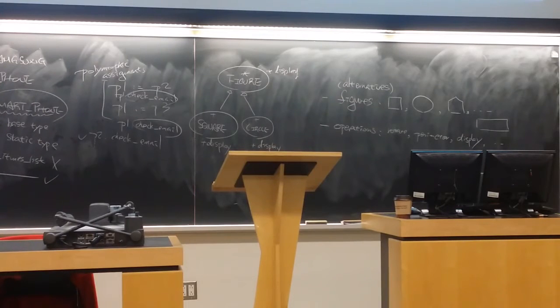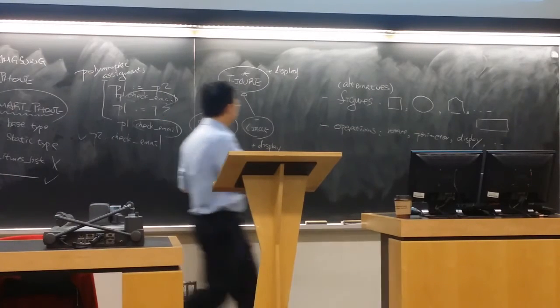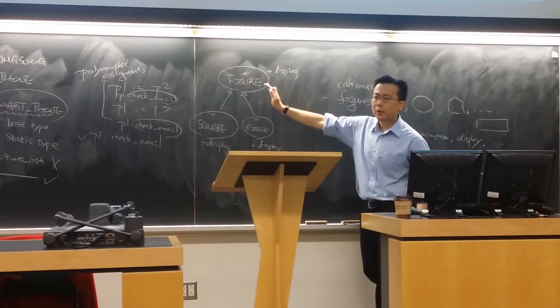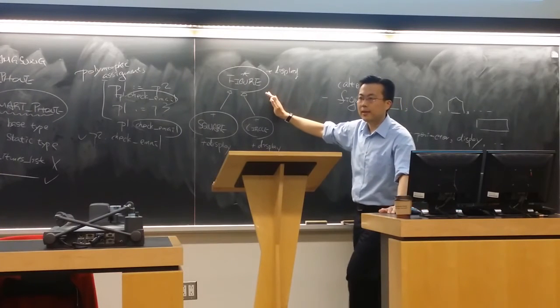Yeah, figure. Yeah. So what will be the change? Okay, let's say I want to add a rectangle. So where should I put the changes? Okay, so you gotta be more specific. So let's say this is our architecture here. So what should I change if I want to add a new figure here? Let's say rectangle.